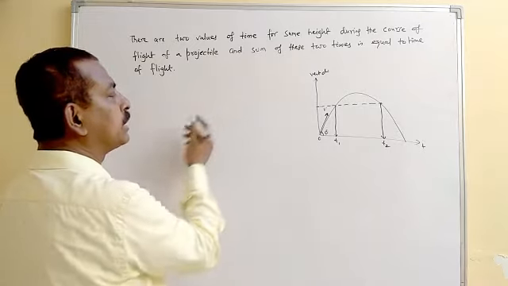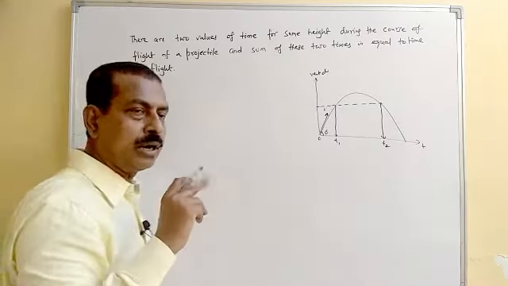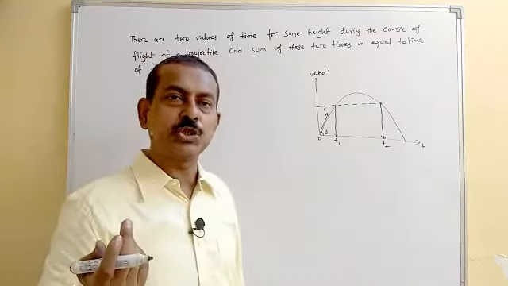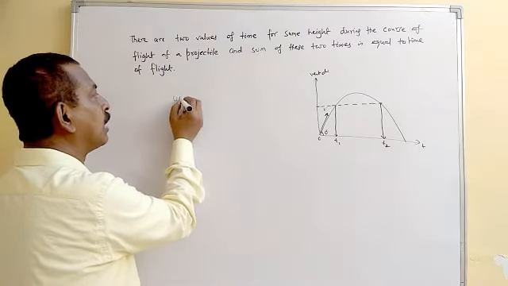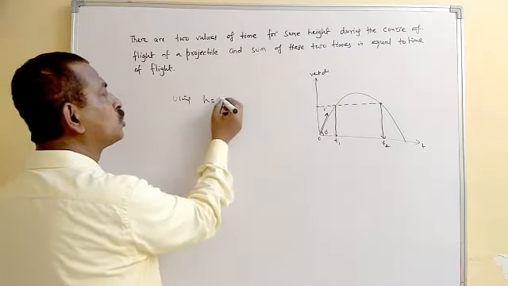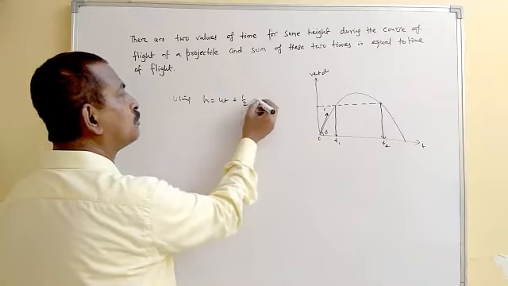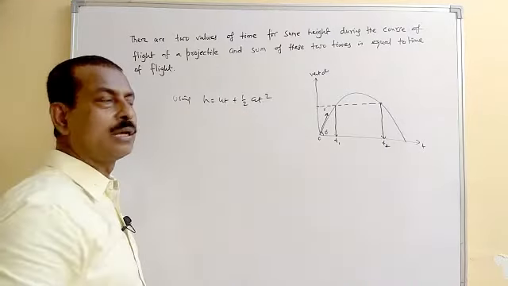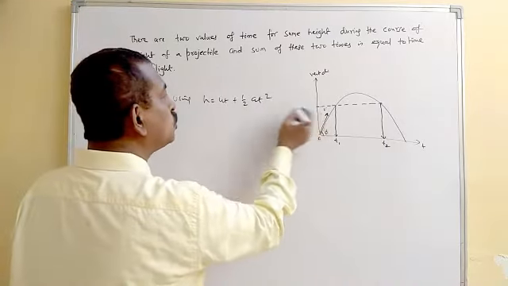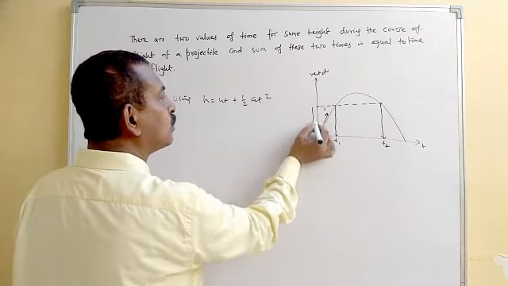Again, we can take help of the equation h equals ut plus half at square. So using h equals ut plus half at square, suppose this is the particular height h.